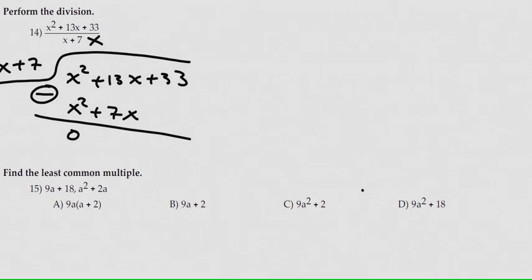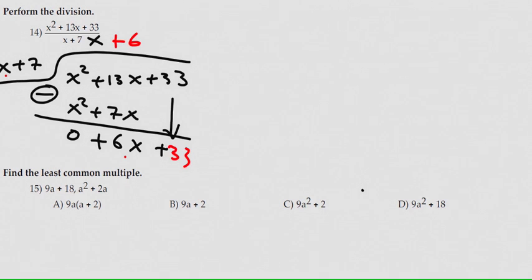And then 13 minus 7, how much? 6. So 6x, and then 33 comes down for the second stage. Now we start another stage of division. 6x divided by x is plus 6.